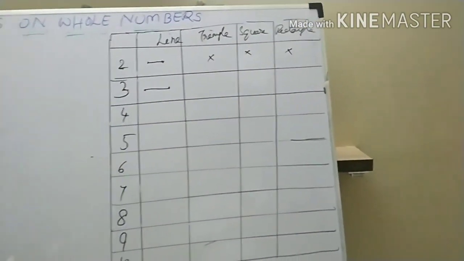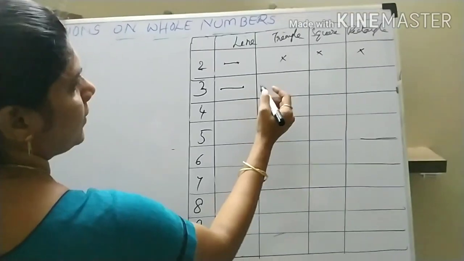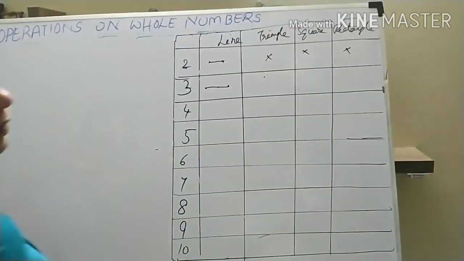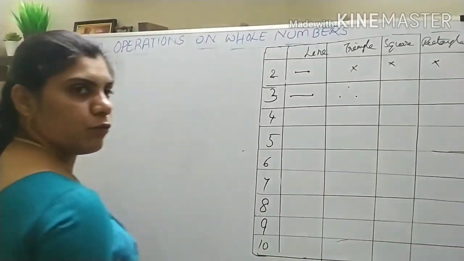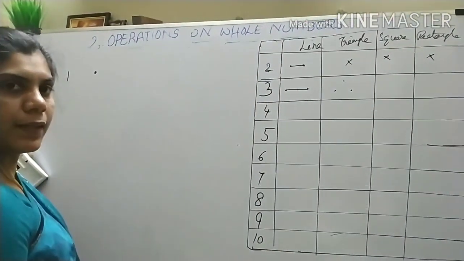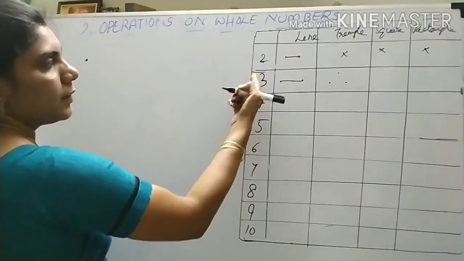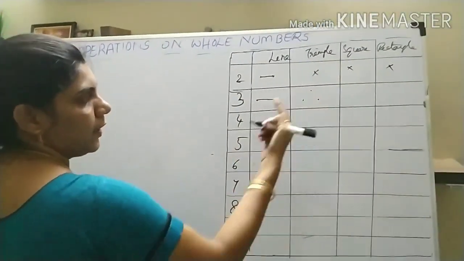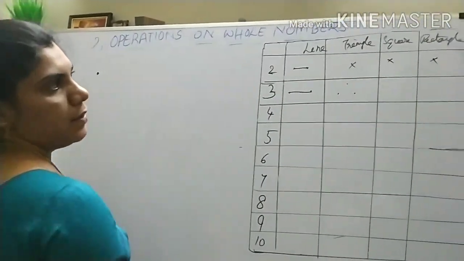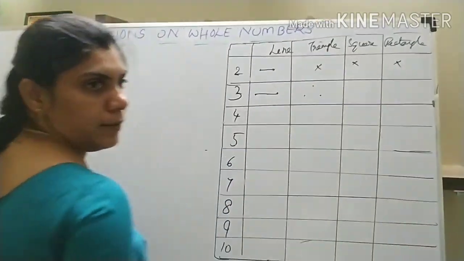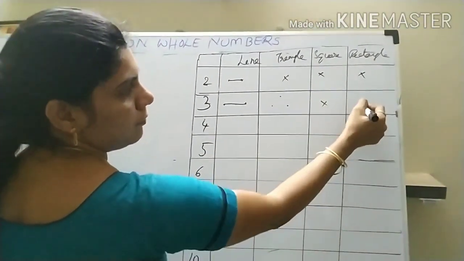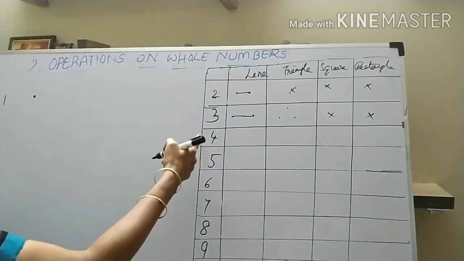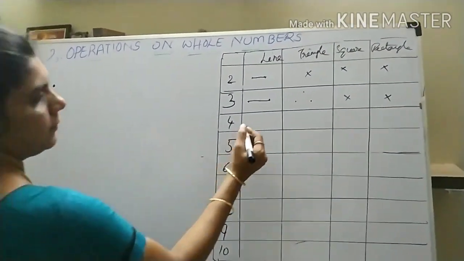With 3 dots, see, 1 dot, 2 dots, I can form a triangle. With 3 dots, a triangle shape can be formed. Can 3 dots form a square? No. Can 3 dots form a rectangle? No.